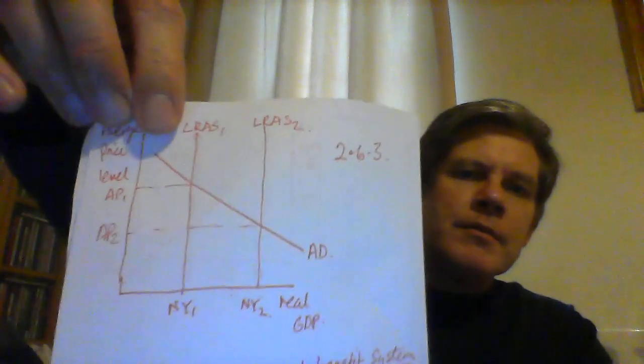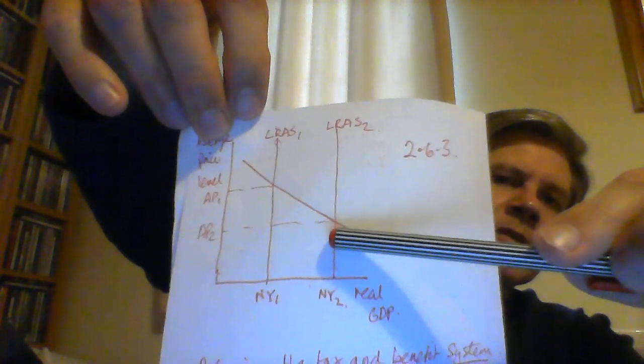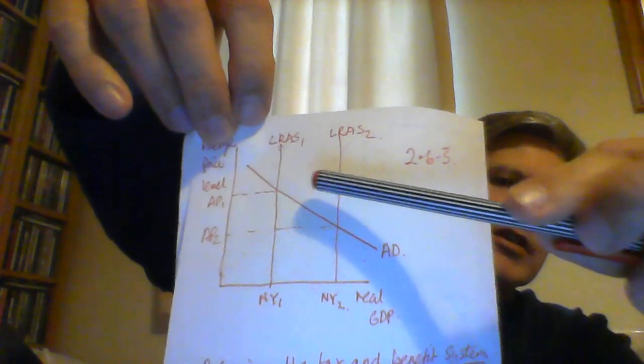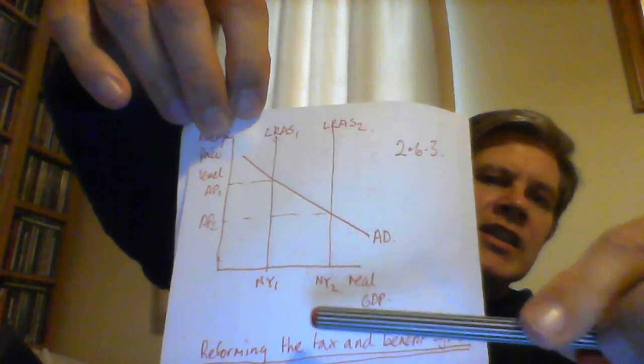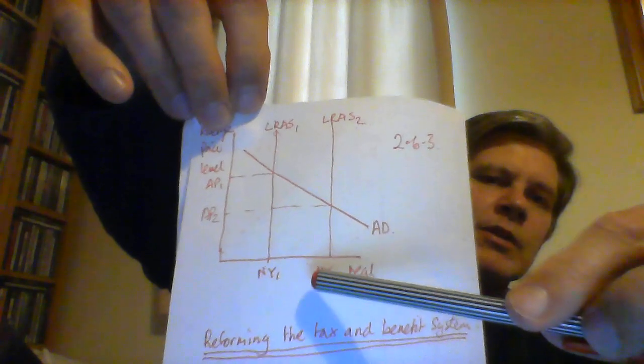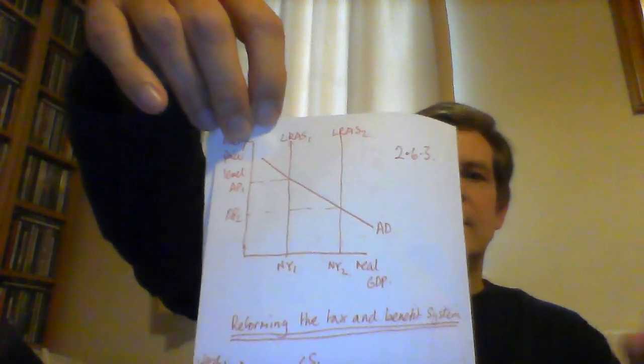And your go-to diagram, I think, for a market-based supply-side policy would be this one here. So you can see the aggregate supply curve shifting to the right, and you can see an increase in the equilibrium level of GDP and a fall in the average price level.